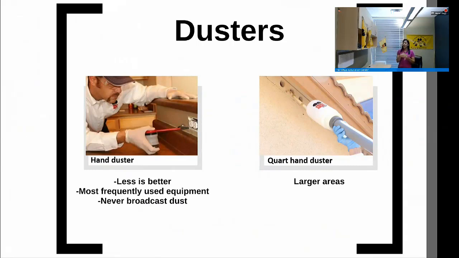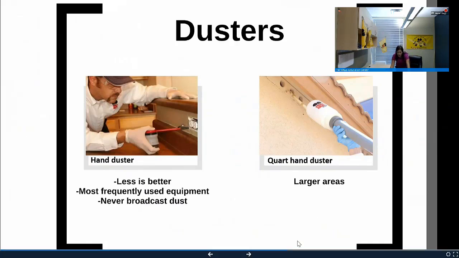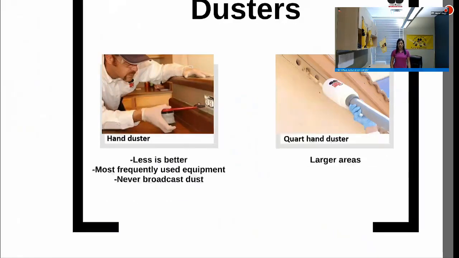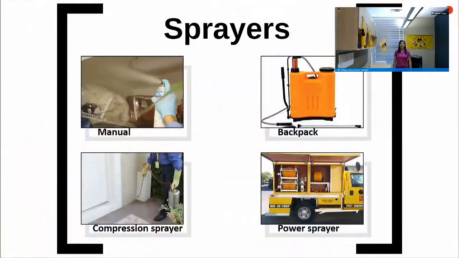That way, the application will also be more effective. Okay? Quart hand duster. When we want to treat larger areas such as attics, or behind equipment that we don't have access to, we could use a quart hand duster to treat with a larger amount of the dust.